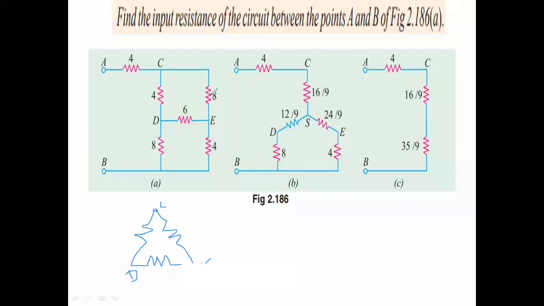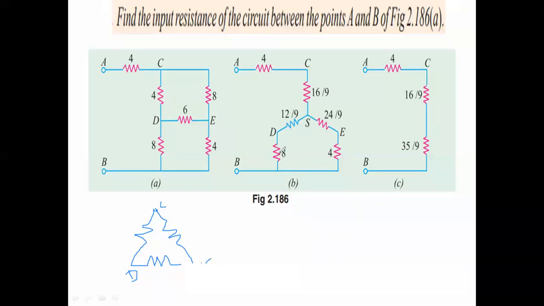So 4 into 8 by the overall summation of resistance, 32 divided by 18. This resistance is obtained as 8 into 6 divided by 18. Similarly, this resistance is obtained as 6 into 4 divided by 18. By simplifying we can get 16 by 9, 24 by 9, 12 by 9.